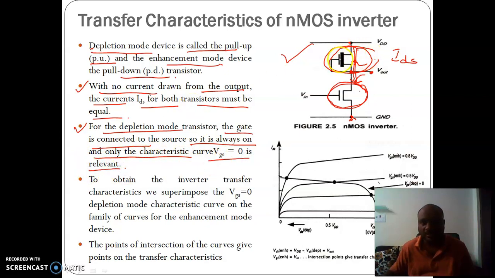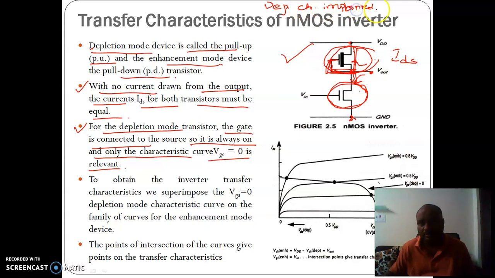See here, for a depletion mode transistor, the gate is always connected to the source. We have already learned in our starting classes that for a depletion mode transistor, the channel will be already implanted during the manufacturing process itself.